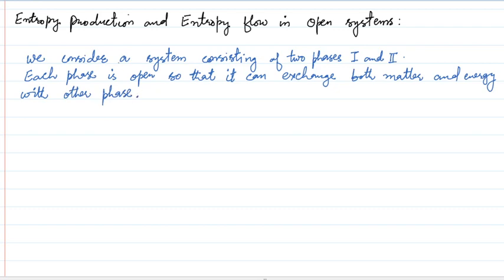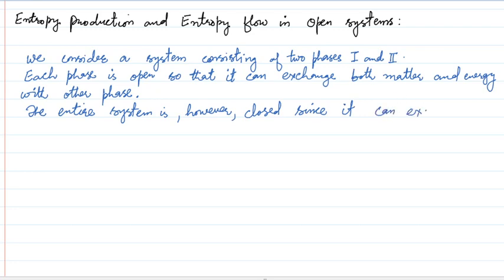Now the system made up of these two phases, we will consider that the entire system, that means phase 1 and phase 2, is suppose a closed one, and it can exchange simply only energy and not matter.